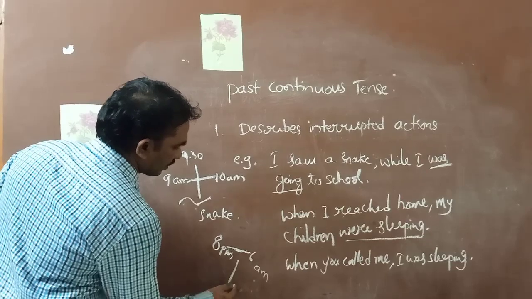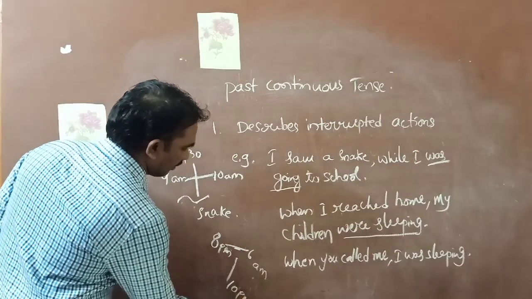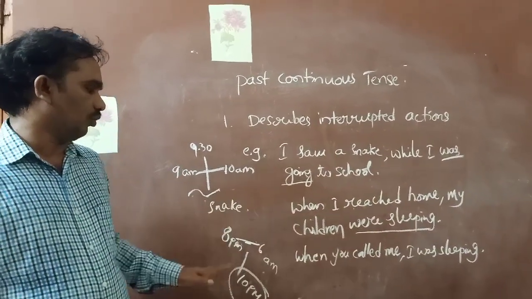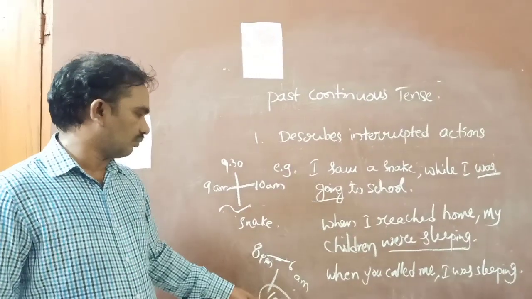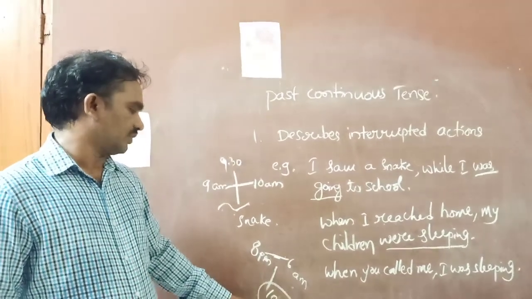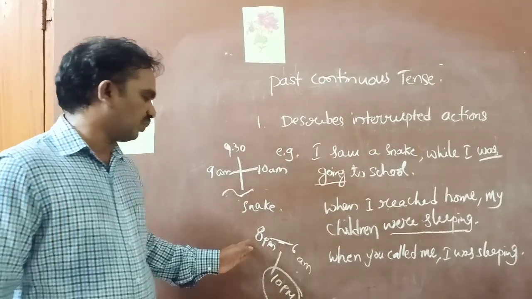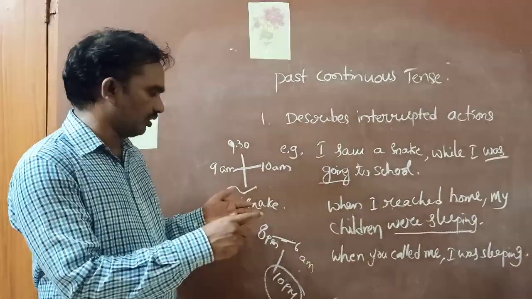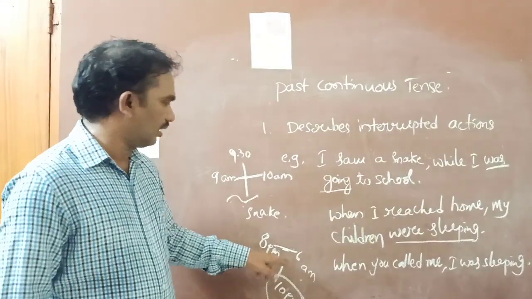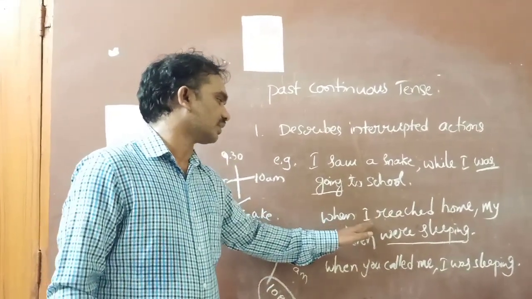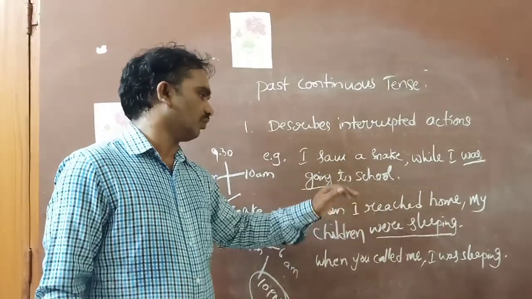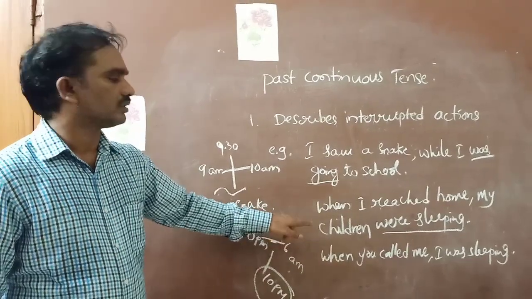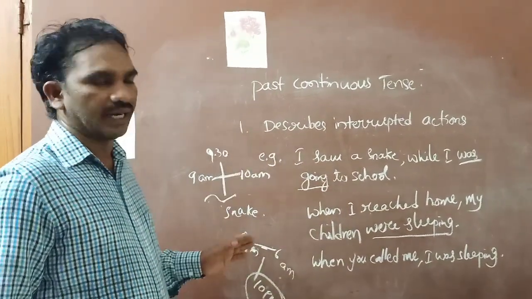You reached home at 10 p.m. That's the interrupted action. So they started sleeping at 8 p.m. till next morning 6 a.m. It was continuing for some time, and in the middle something happened. That is, I reached home. So when I reached home, my children were sleeping. I hope you are understanding it.